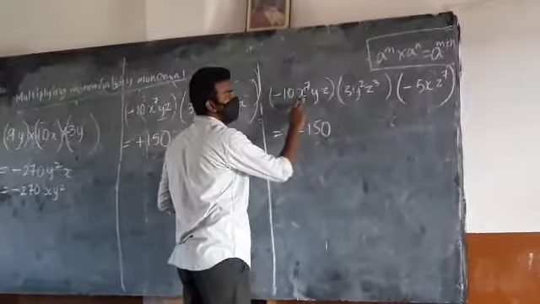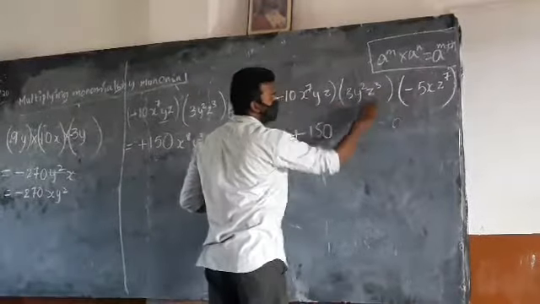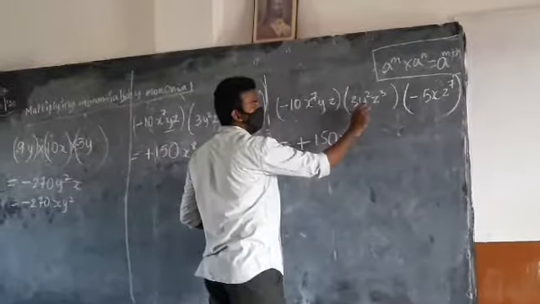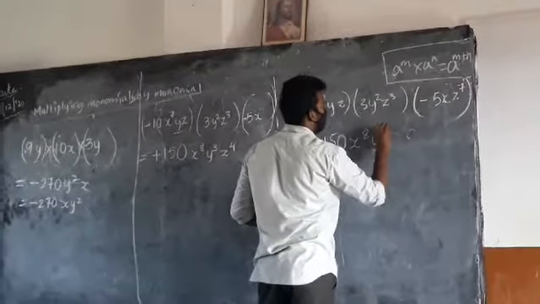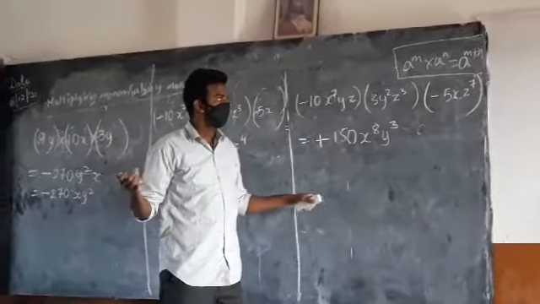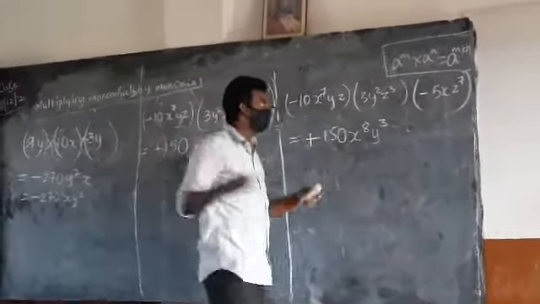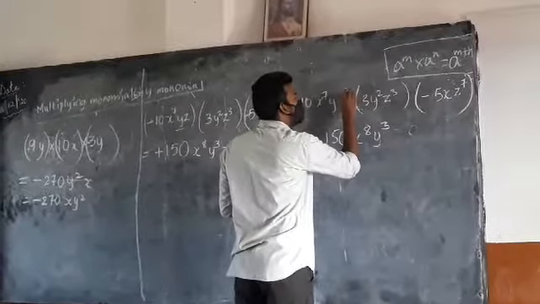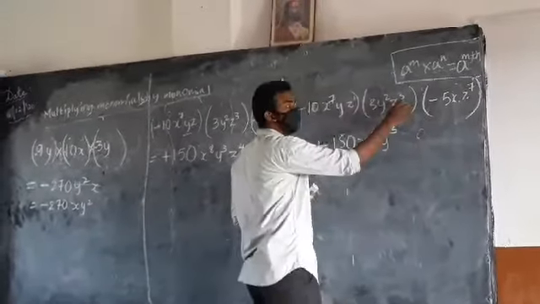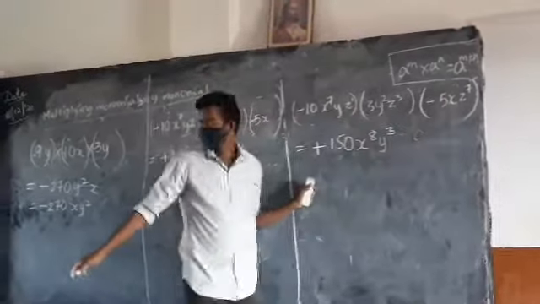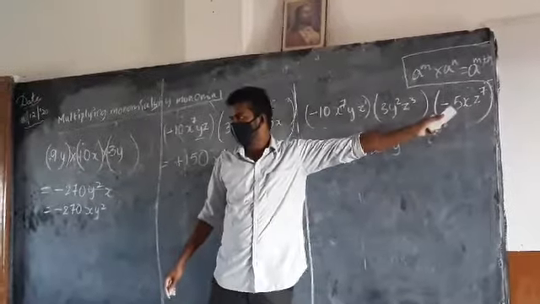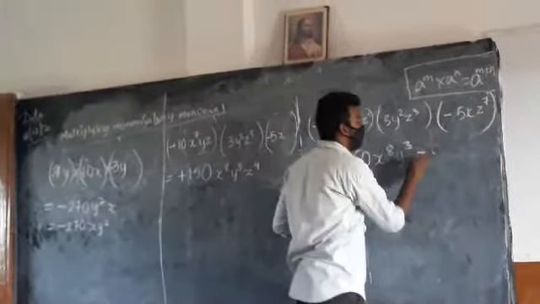Now x power 8, because there is no extra x in the middle one. y power 3. Now z power 11. Very good. Single z means z power 1 is there already. So 1 plus 3 plus 7, how much? z power 11.